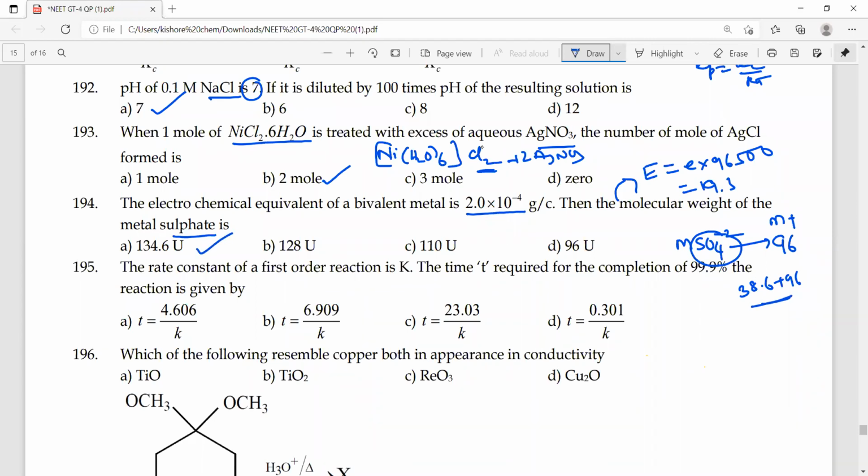The first order reaction. How much time is required for completion of 99.9 percent of the reaction? K is equal to 2.303 by t log initial concentration 100 by 100 minus 99.9, which is 0.1. You can write 10 cube, means 3.